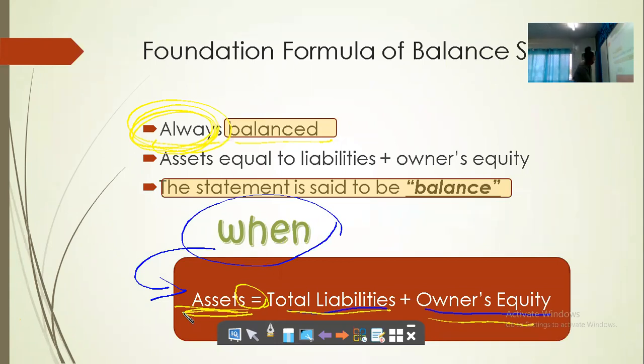Okay, just checking. So once again, assets must always be equal to total liabilities plus total owner's equity. Any questions here? No.